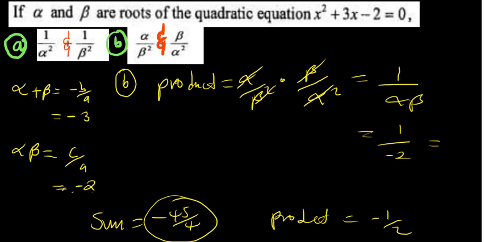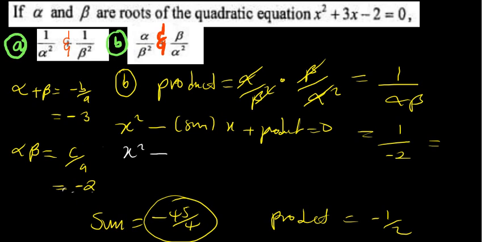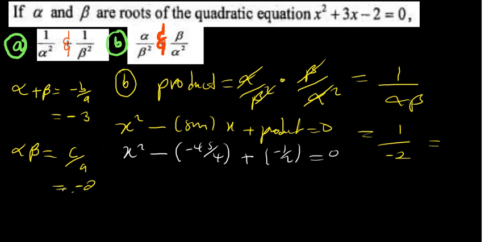So the equation is given by x squared minus sum x plus product is equal to 0. So this will be x squared minus negative 45 over 4 x plus negative 1 over 2 is equal to 0. We can go on and simplify this.